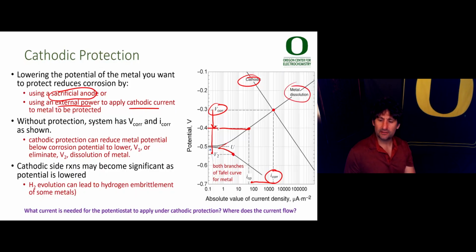So this would actually be spontaneously depositing any metal species. But that again takes power from my external power supply. Now, if you lower the potential too much, you'll have cathodic side reactions, and those can become significant. For example, hydrogen evolution. And this can lead to hydrogen embrittlement, so H can go to grain boundaries, can lead to failure of submetals, which is a problem.